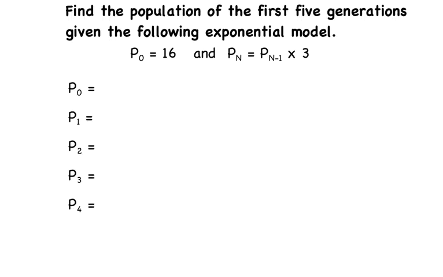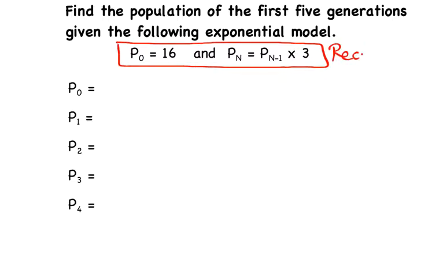So in this first example, we are asked to find the population of the first 5 generations using this model. At first glance, we should see that this is a recursive model. So P0 is already given to us, but now to find P1, we would take that number 1 and plug it in everywhere we see an n.